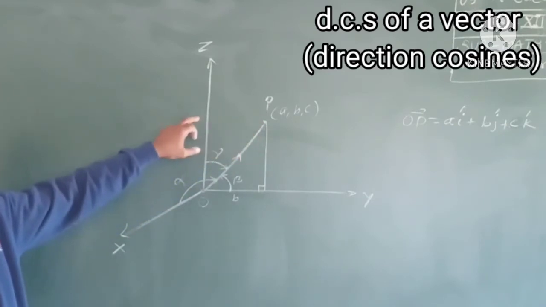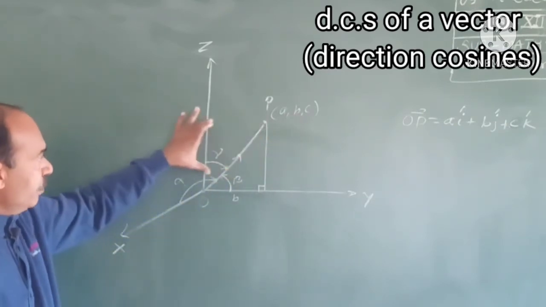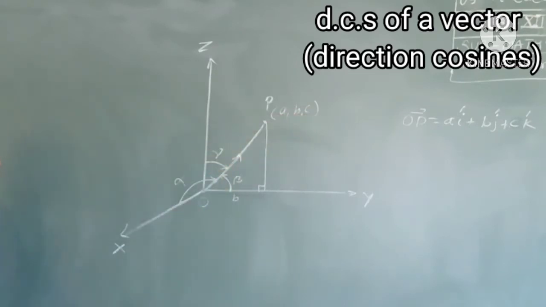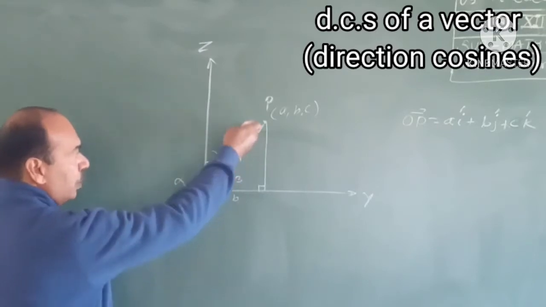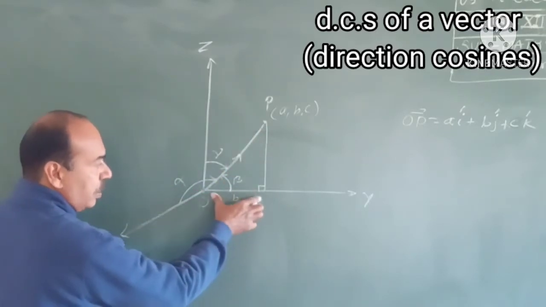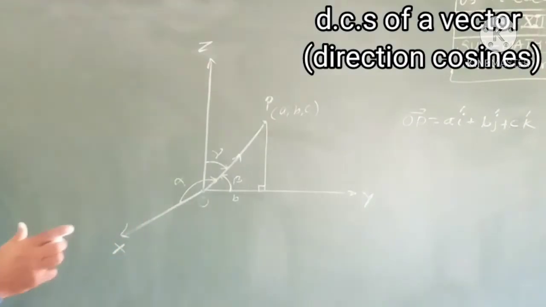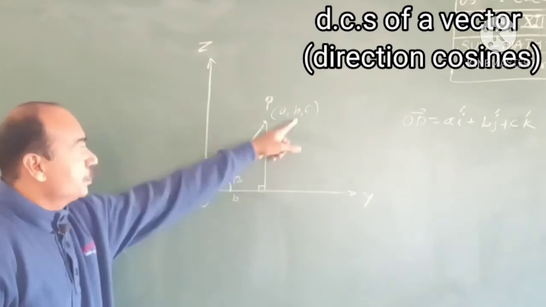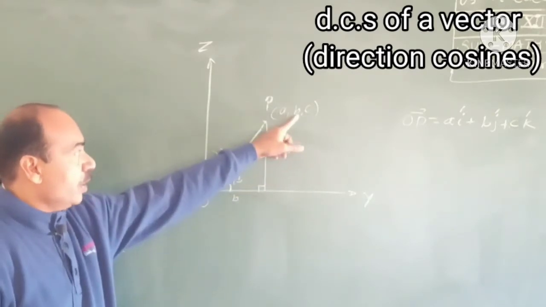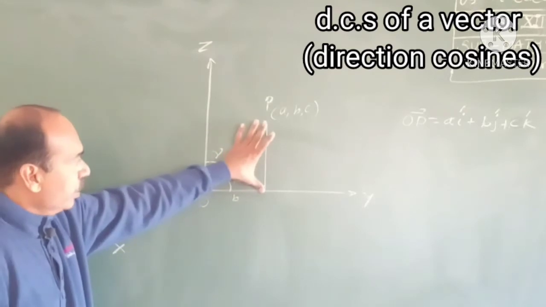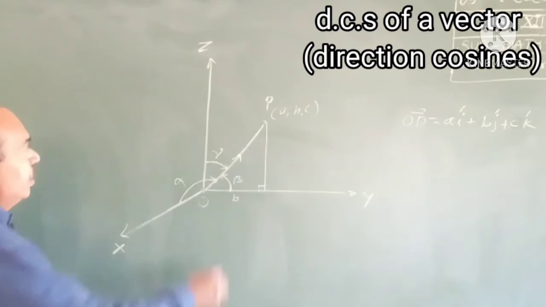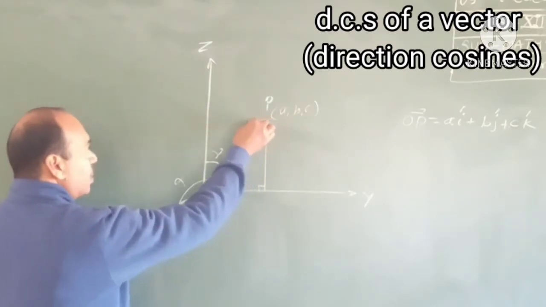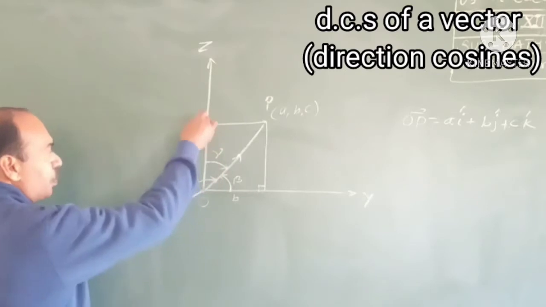If you draw a perpendicular on the z-axis, then the height is C units. This is also known as the projection on the y-axis. The projection of OP on the y-axis is, in physics language, the shadow. So this projection is B units, meaning the y coordinate, and this height is C. So if we find the projection of OP on the z-axis, we get C.